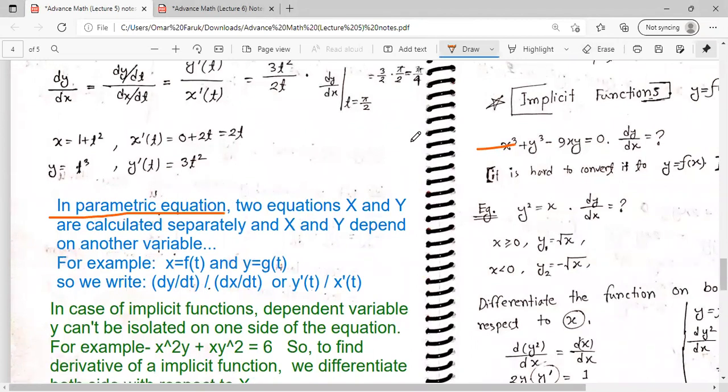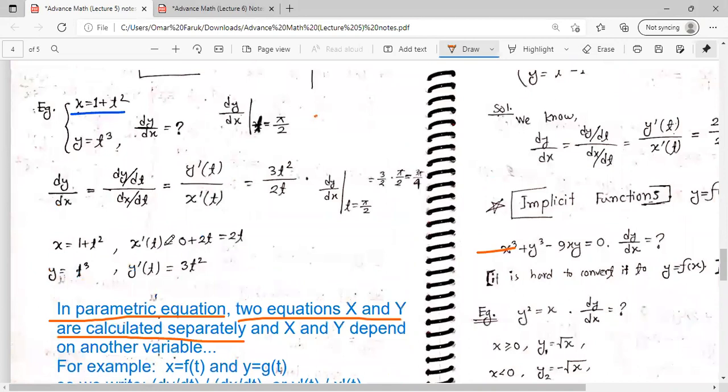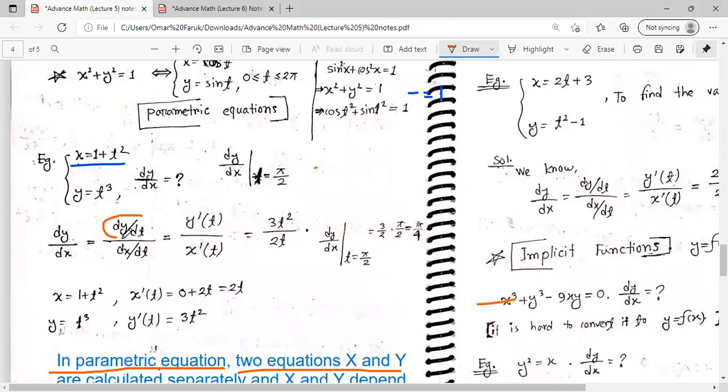So here is the definition. In a parametric equation, the two equations x and y are calculated separately, because we calculated this separately. You can see here we calculated dy separately, here is our dy, and here is our dx, we calculated the dx separately.